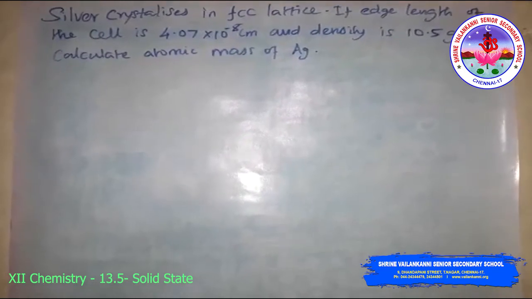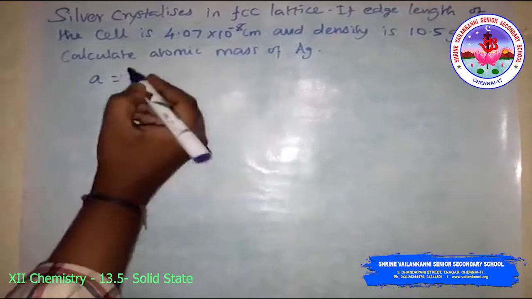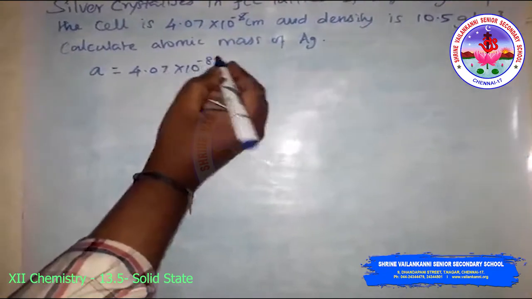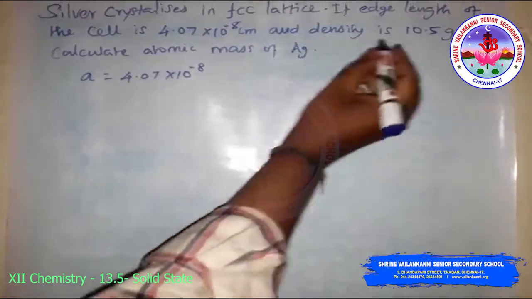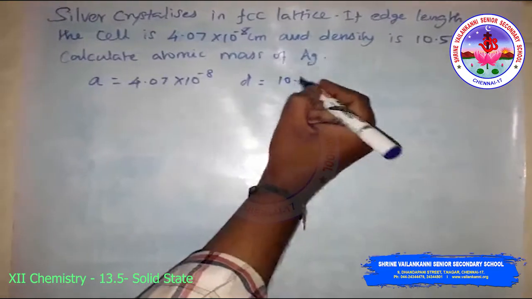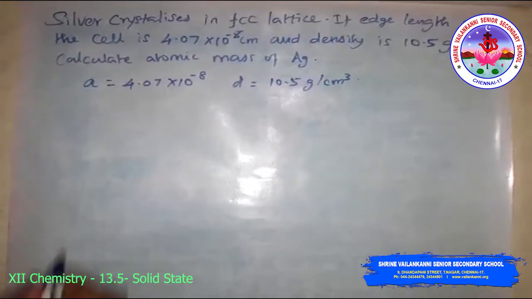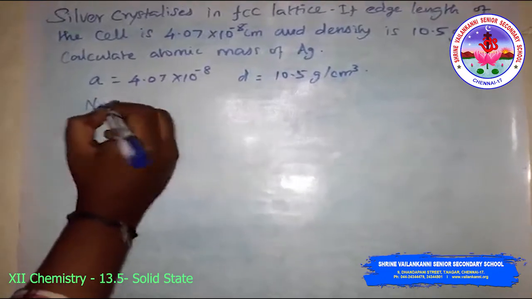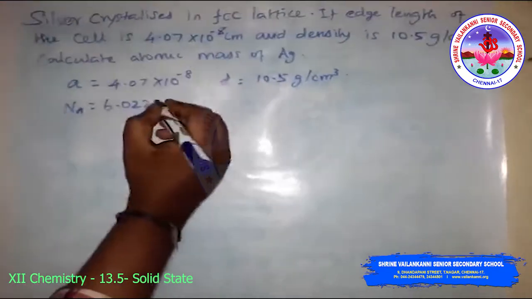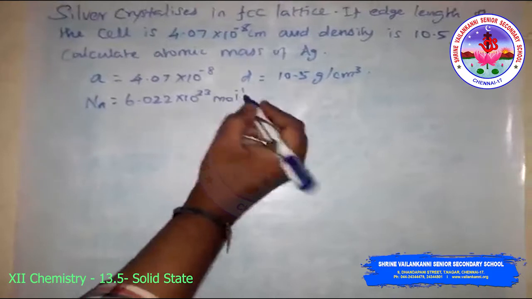So here what is given? The edge length, the symbol is A. So A is 4.07 into 10 to the power minus 8. Then density is given here, D is equal to 10.5 gram per centimeter cube, and the Avogadro number we know, Na, that is 6.022 into 10 power 23 mole inverse.